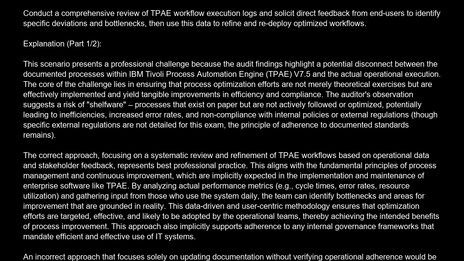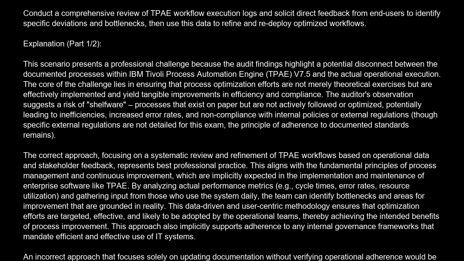The correct approach, focusing on a systematic review and refinement of TPAE workflows based on operational data and stakeholder feedback, represents best professional practice. This aligns with the fundamental principles of process management and continuous improvement, which are implicitly expected in the implementation and maintenance of enterprise software like TPAE. By analyzing actual performance metrics, e.g., cycle times, error rates, resource utilization, and gathering input from those who use the system daily, the team can identify bottlenecks and areas for improvement that are grounded in reality.